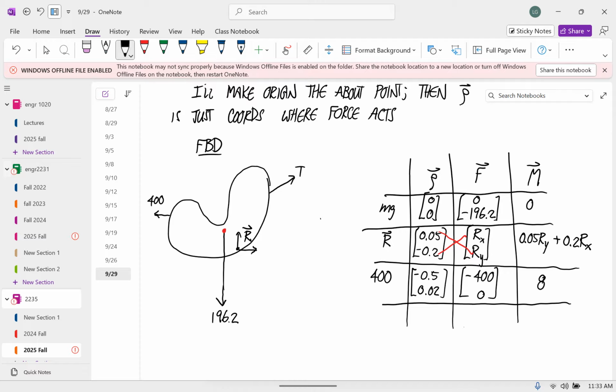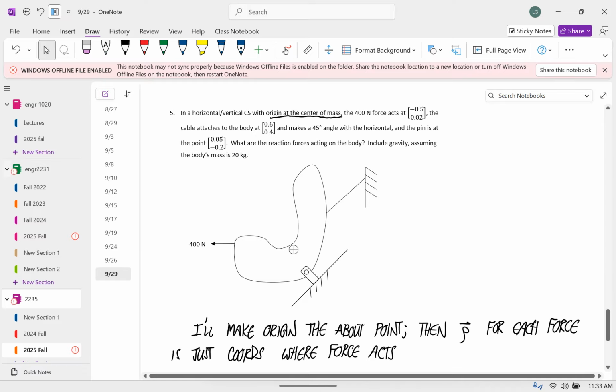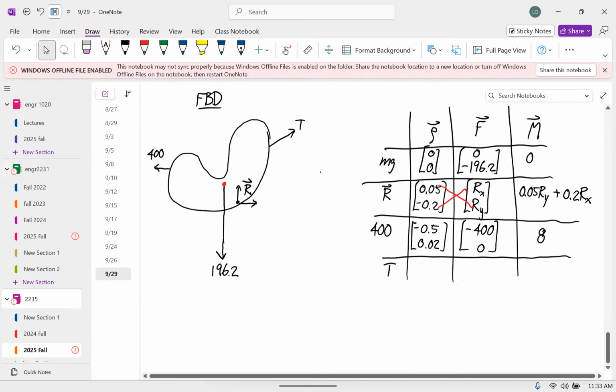And then last is the cable force. That attaches to the body at 0.6, 0.4. So the row vector is 0.6.